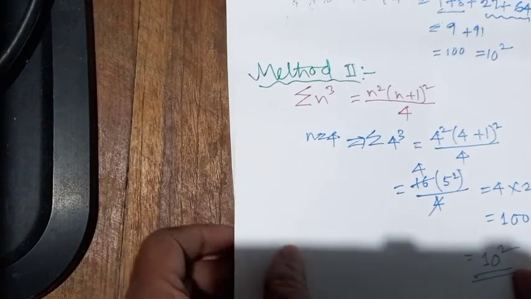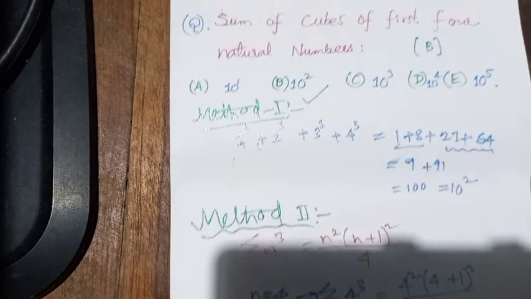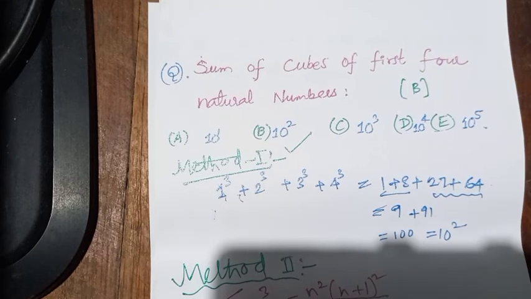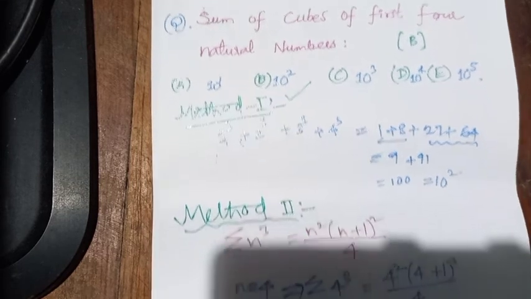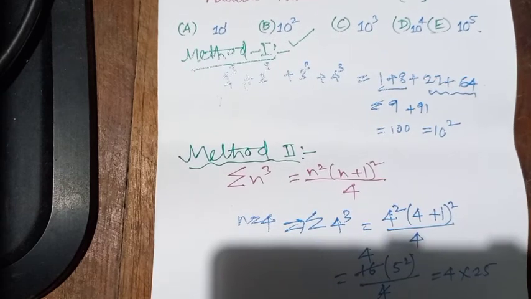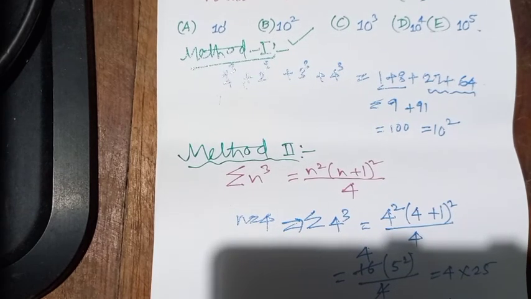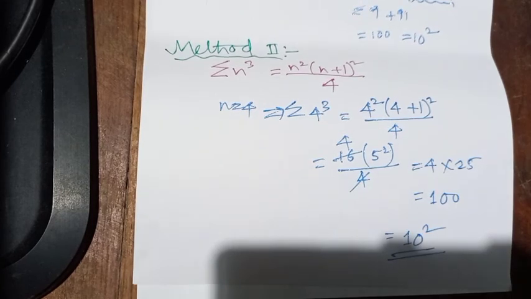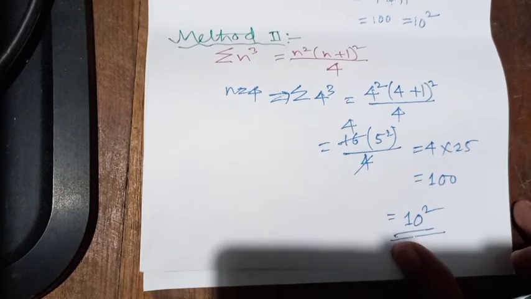So once you have the total look of the problem along with the question, viewers, please go through the community tab and get the answers for the given problem. In this way I have done the two methods, with formula and without formula.